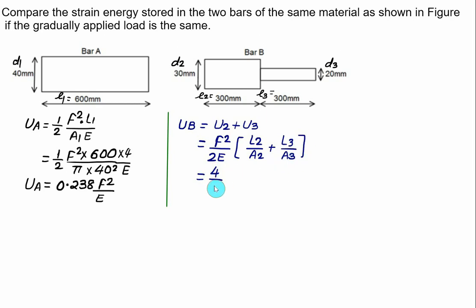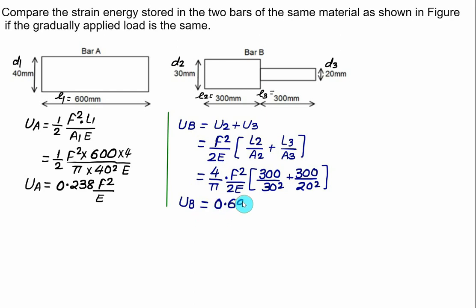So we have 4 and pi will adjust in denominator, F square divided by 2 times Young modulus E multiplied by L2, L2 equal to 300, pi by 4 already taken common, divided by D2, that is 30 square, plus we have L3 again 300 divided by D3 square. D3 square is 20 square. Now you have to solve this and find out the value of UB in terms of F square by E. This constant will come out to be 0.69 times F square divided by Young modulus E.